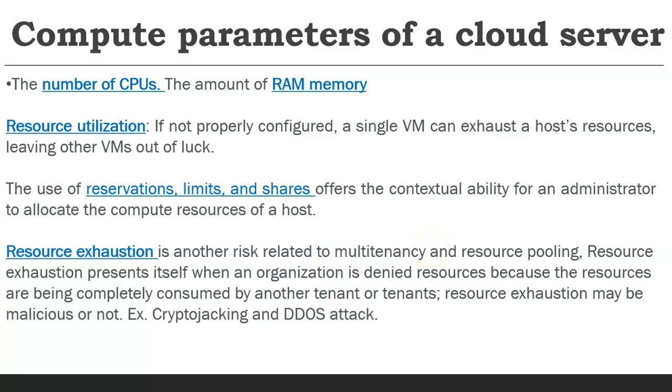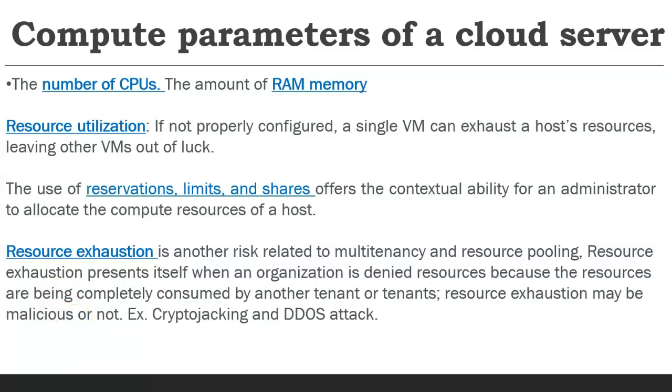Resources can be exhausted when an organization is denied resources because they are being completely consumed by other tenants. That can be malicious or not, but the resources can get exhausted intentionally or unintentionally.